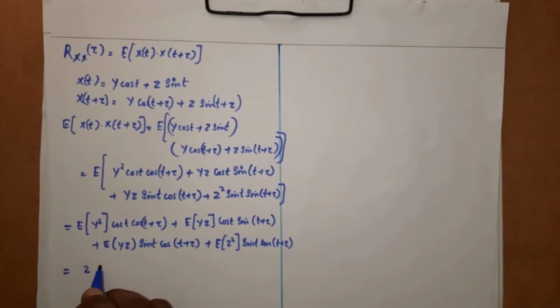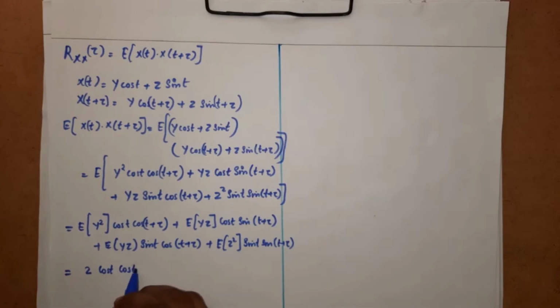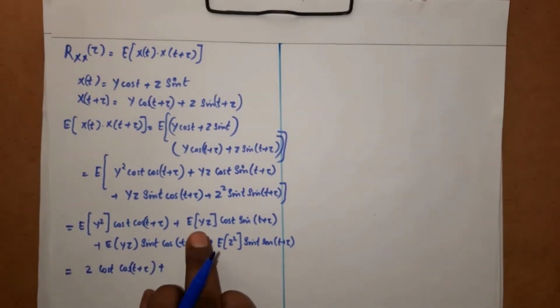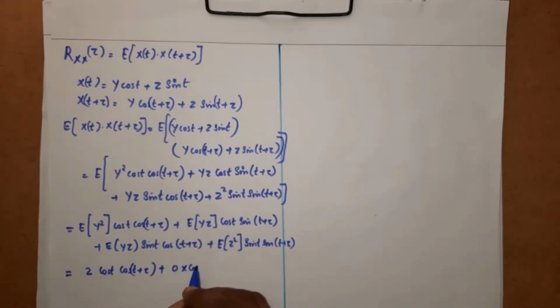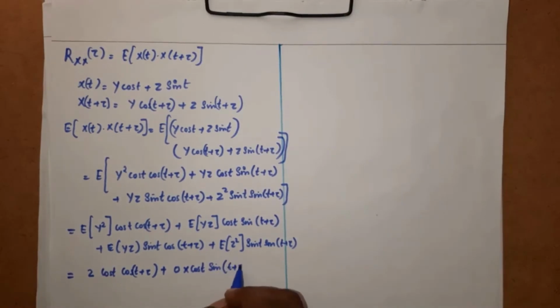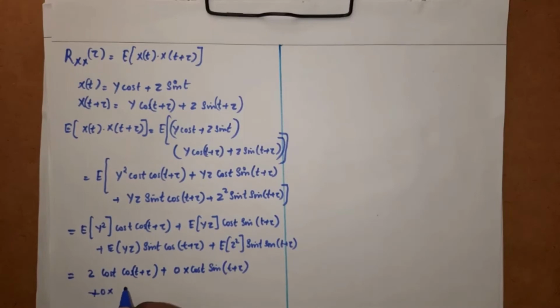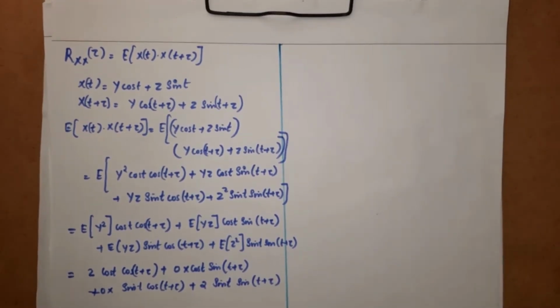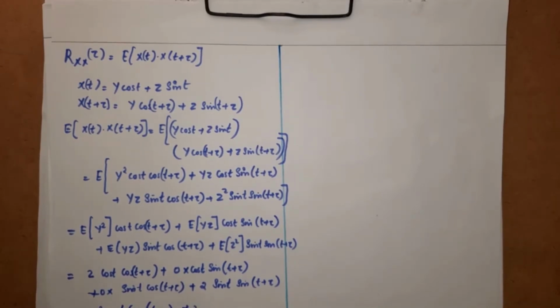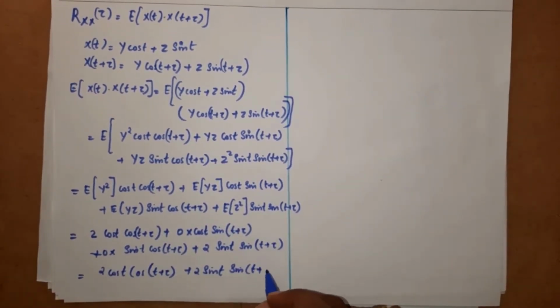Value of E of y square is equal to 2, so 2 cos t cos(t plus tau), plus value of E of yz is equal to 0, so 0 into cos t sin(t plus tau) plus 0 into sin t cos(t plus tau), plus 2 into sin t sin(t plus tau), which is equal to 2 cos t cos(t plus tau) plus 2 sin t sin(t plus tau).